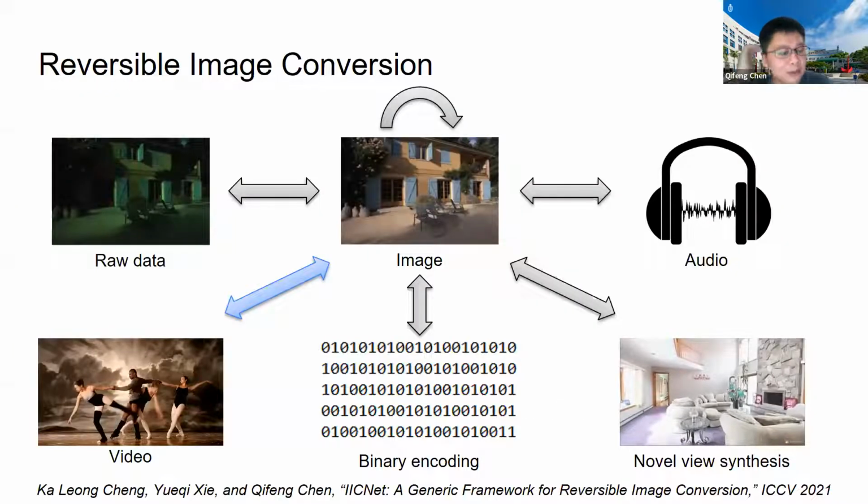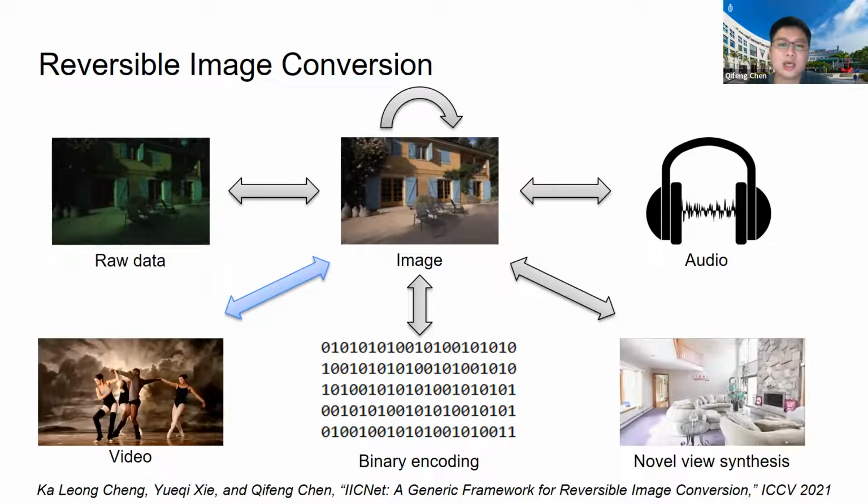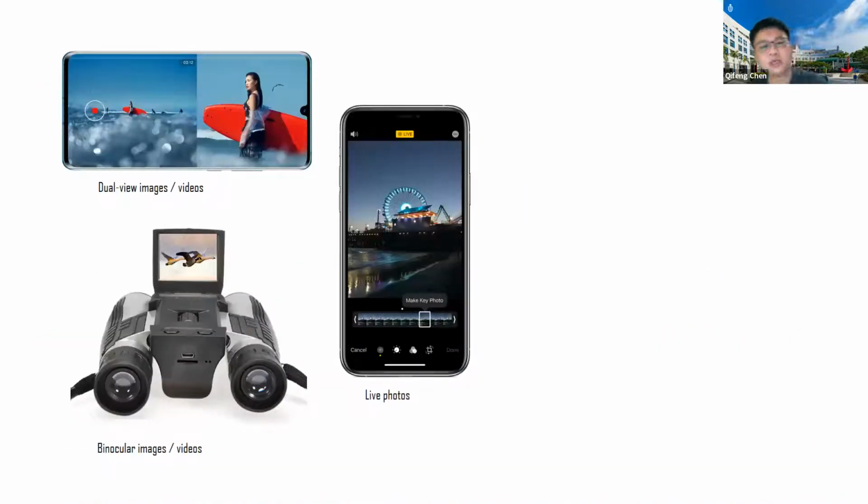Okay, so after we looked into image compression, we became interested in another kind of cross-modal conversion. Maybe can we do video to image conversion? Can we reconstruct a video from a single image? We would do more, not just video. Nowadays we have many different types of multimedia data.